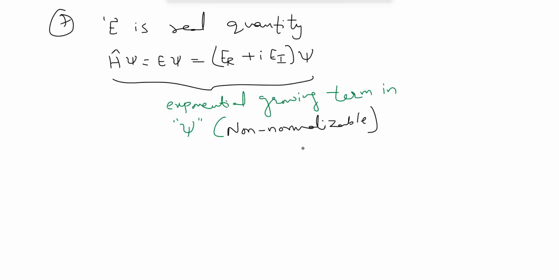So this contradicts the requirement of probability to be finite. Hence, it is not a physically realizable system.